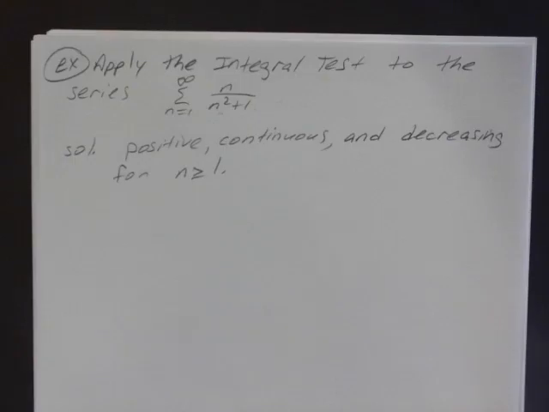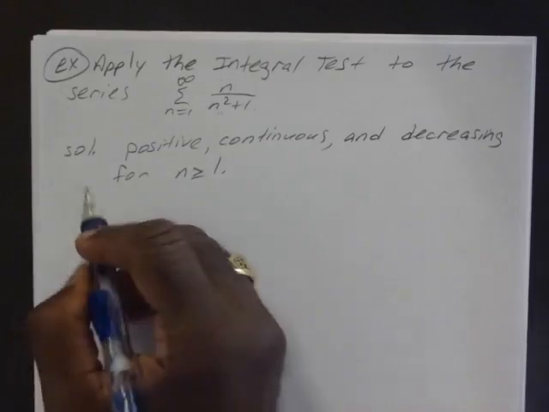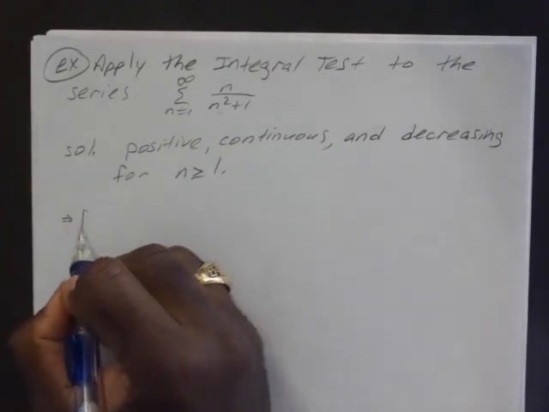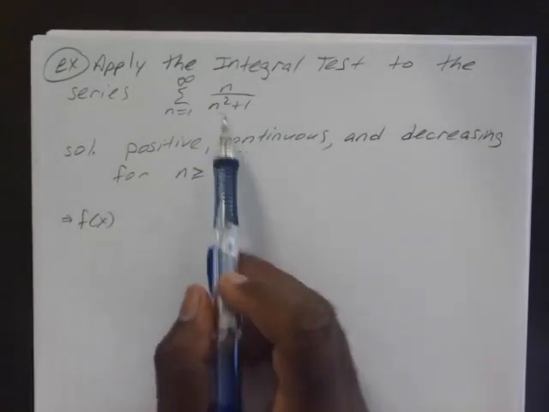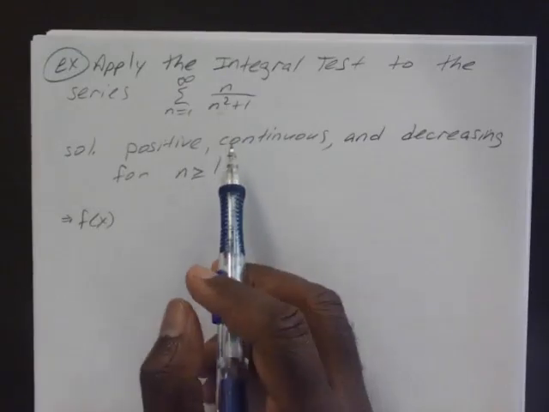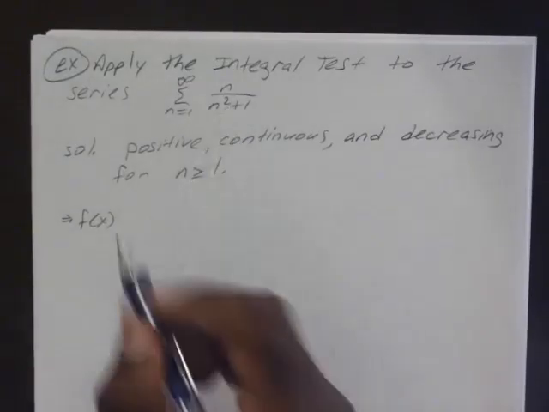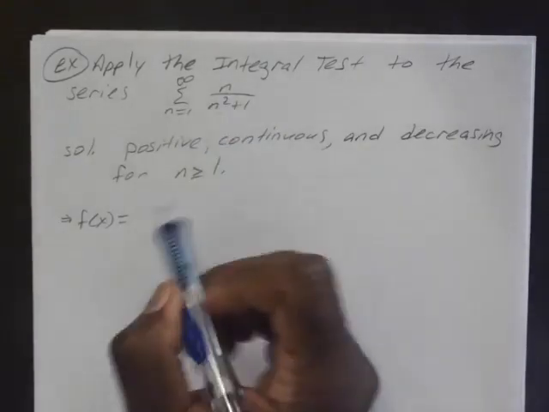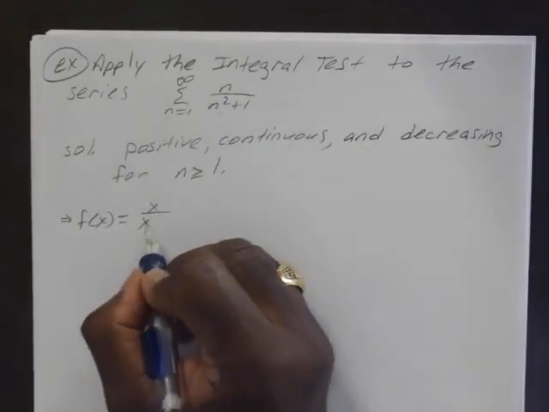Okay, so we can actually apply the integral test. If you want, you can use it with respect to n, but I always change to f of x, just replacing the n with x. So that's x over x squared plus 1.